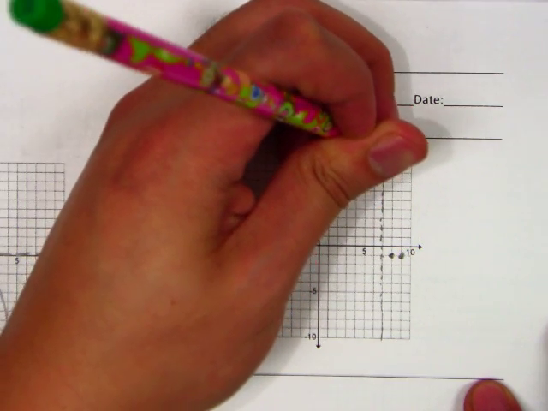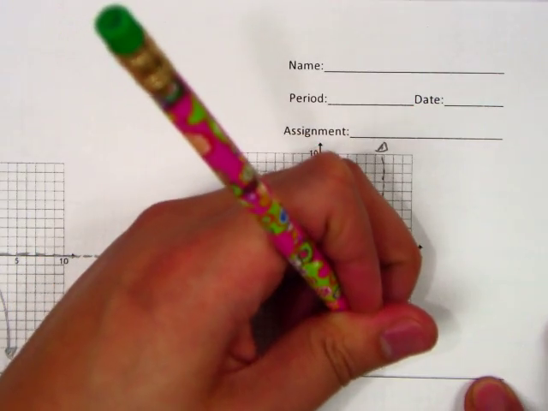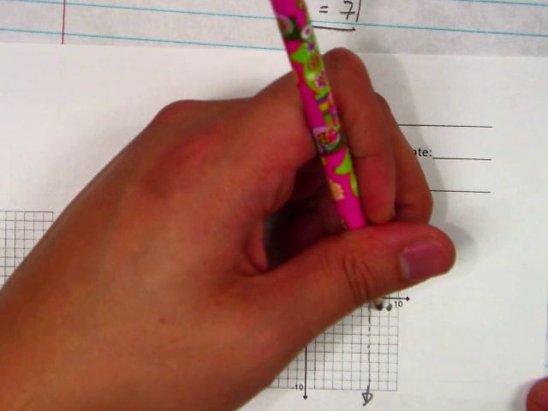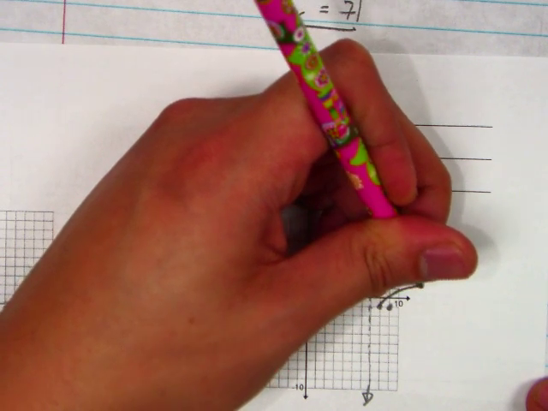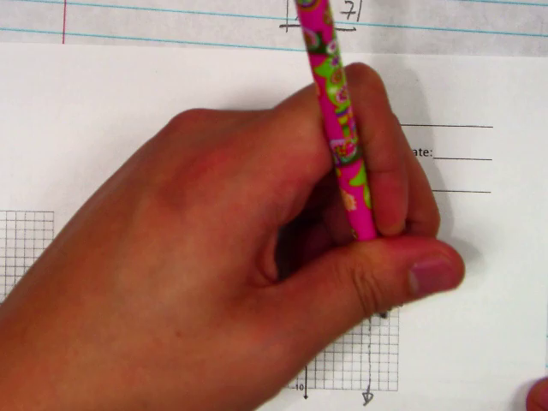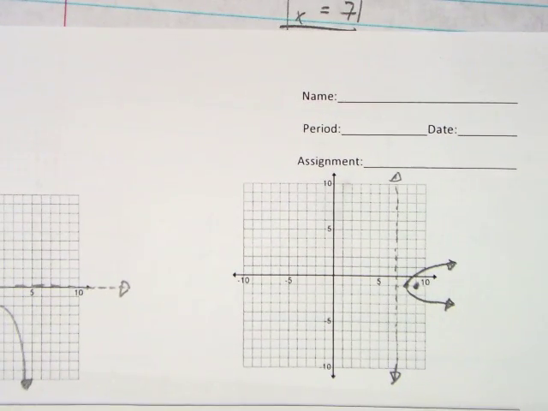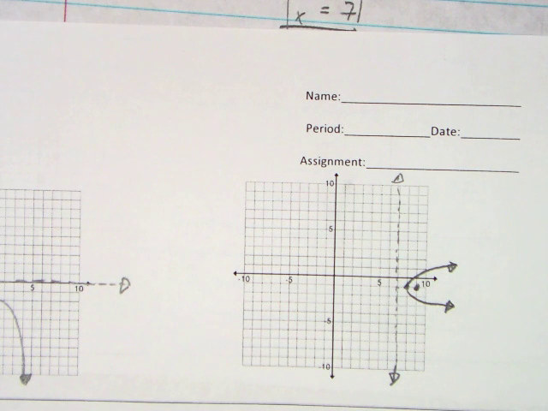I apologize, positive 7. The focus will always be inside the parabola. So our parabola looks something like this. We can see the focus is inside the parabola. That's how I know which way that parabola is going to go.